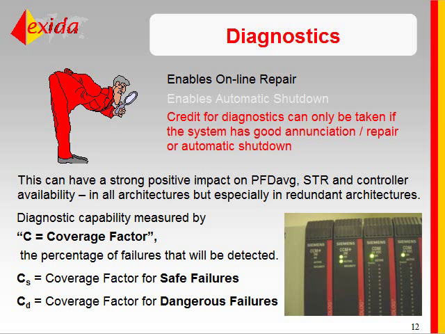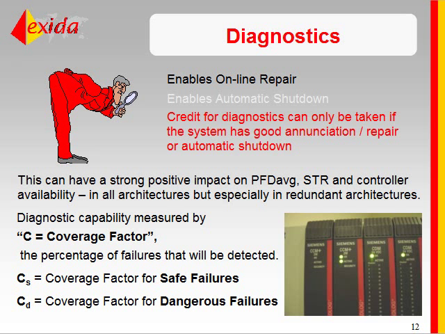Why do we care about this stuff? Well, automatic diagnostics can have a significant impact on the safety of a product, of a system. If automatic diagnostics detect a failure that's potentially dangerous, they can annunciate the failure and repairs can be made.